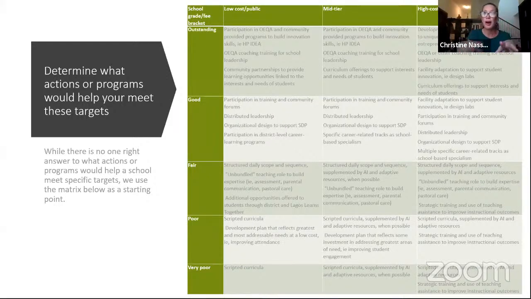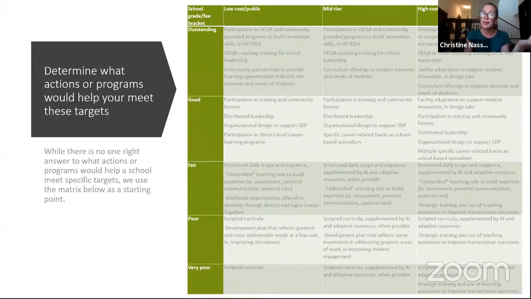How do you go from outstanding to even more outstanding, or good to outstanding, fair to good? And so from quite a number of different research reports, we put in recommendations at these different fee points. So you might be at a high cost school, for example, if you're moving from poor outcomes, you might supplement curriculum with artificial intelligence or adaptive resources online.